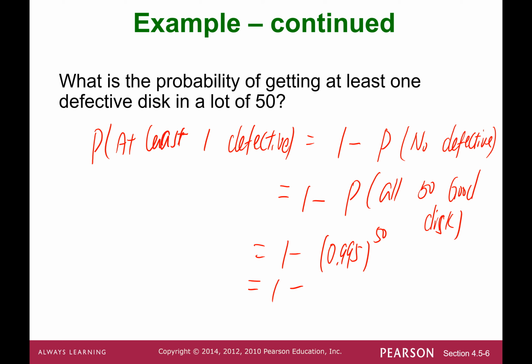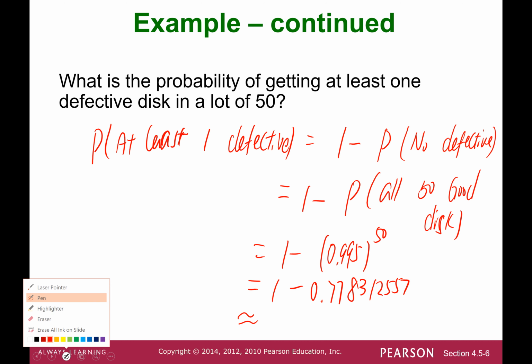So let's see what that is. 0.995 raised to 50 turned out to be 0.7783, and the difference is the probability for at least one defective.